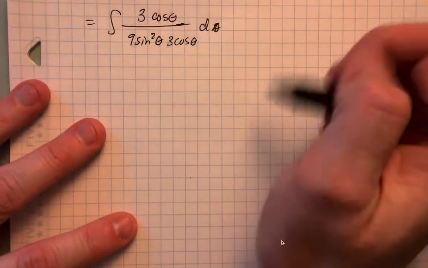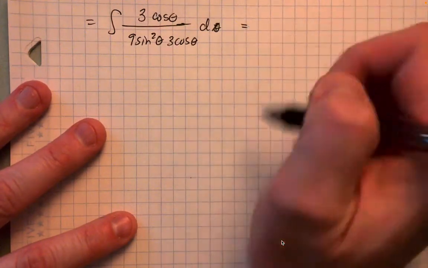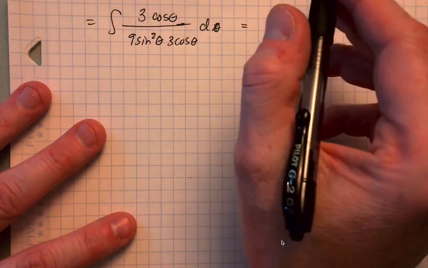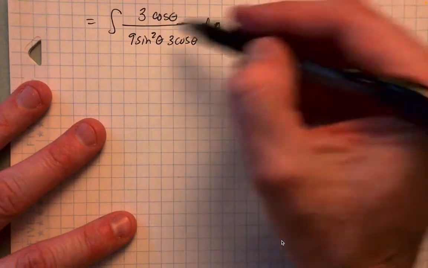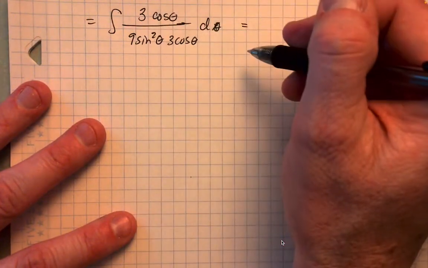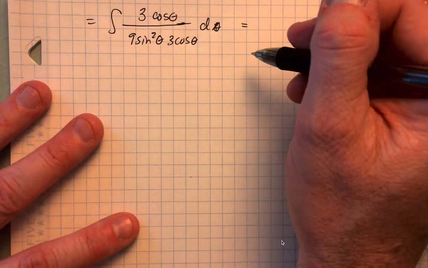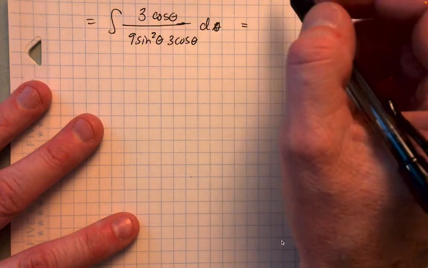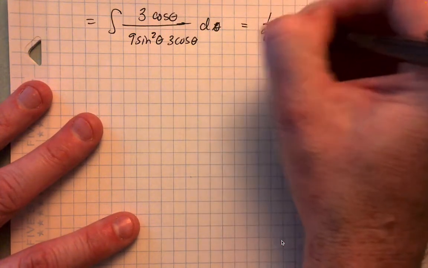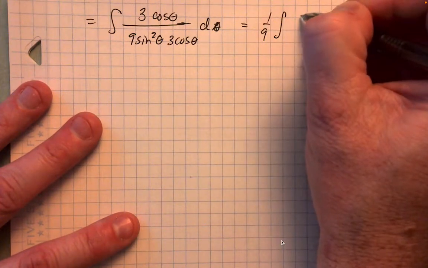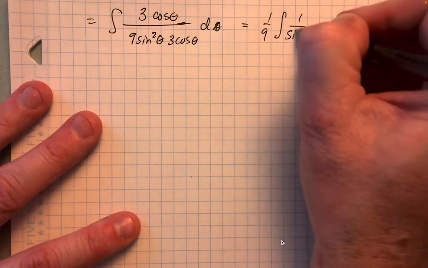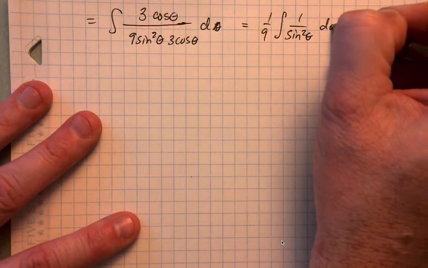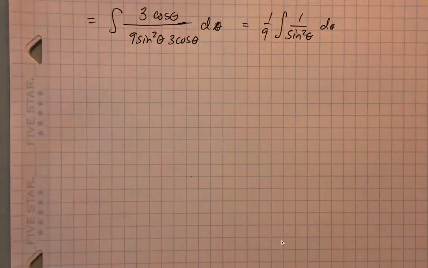Yeah, there are a lot of cancellations that we can do here actually. So the 3's will cancel, and you're going to have, let's see, I think it should be 1/9 times the integral of 1 over sine squared theta d theta, like so, right?